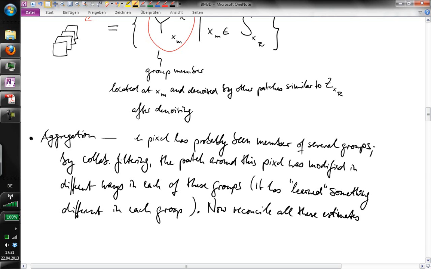And for this reconciliation, we weigh them by the inverse amount of noise that we have in that group.